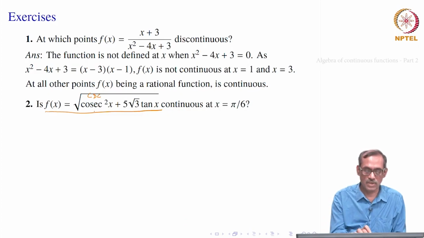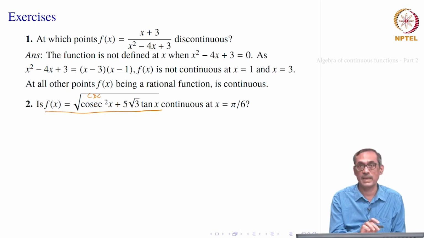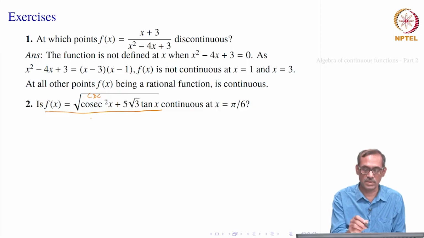Cosec x is not defined at x equal to 0 or wherever sin x is 0, all multiples of pi. Tan x is not defined at odd multiples of pi by 2. pi by 6 is neither. Okay. So, it is well defined.